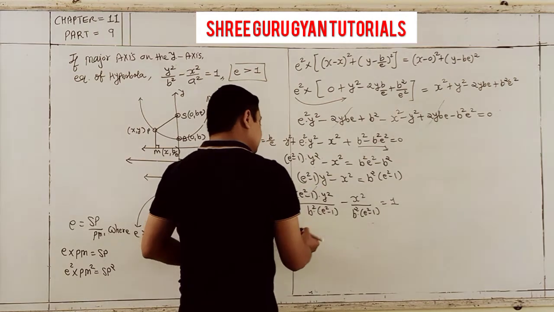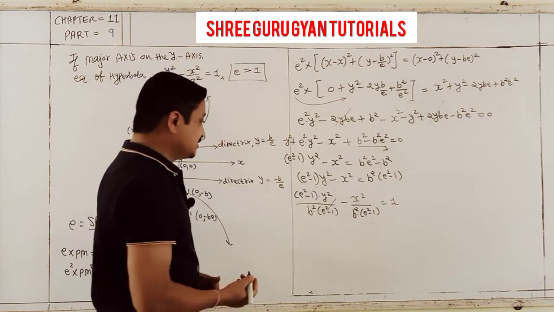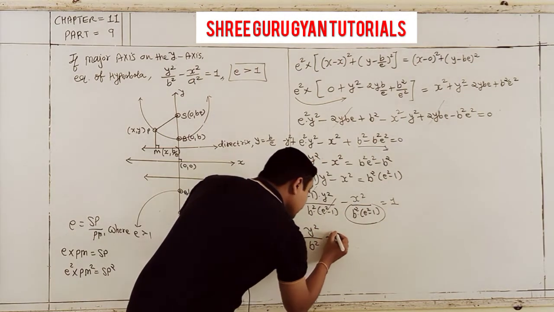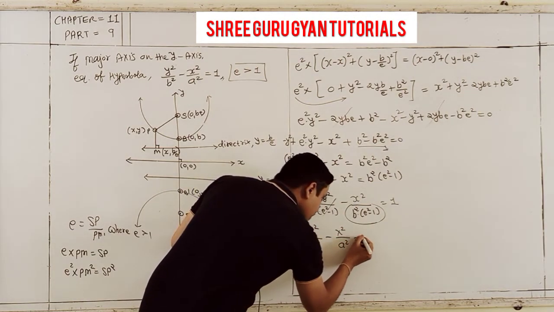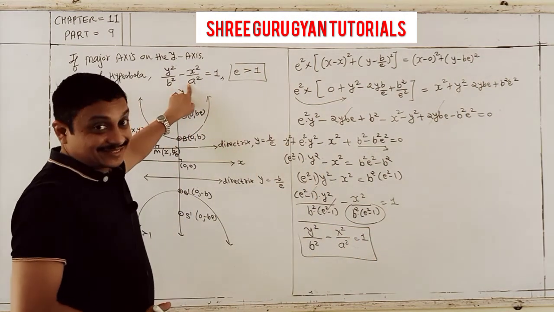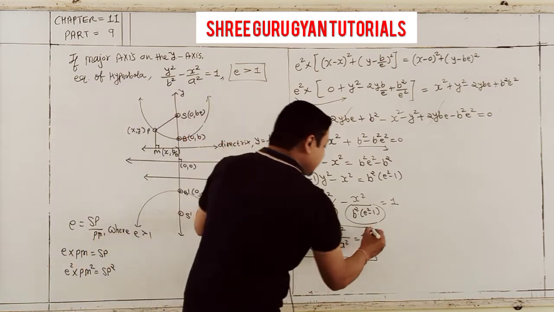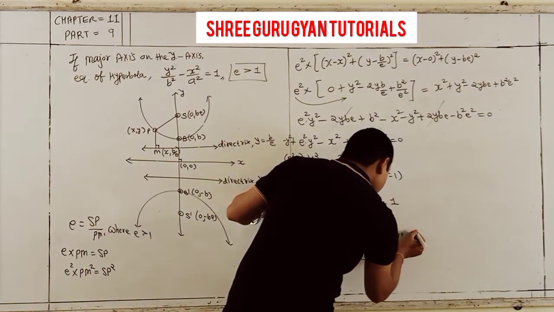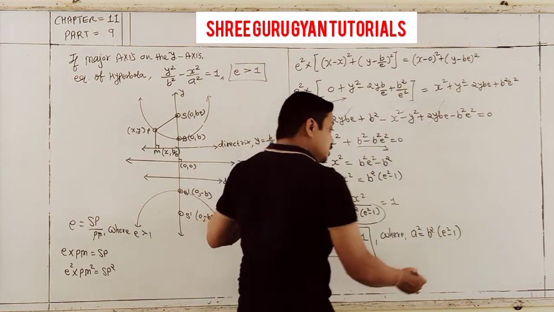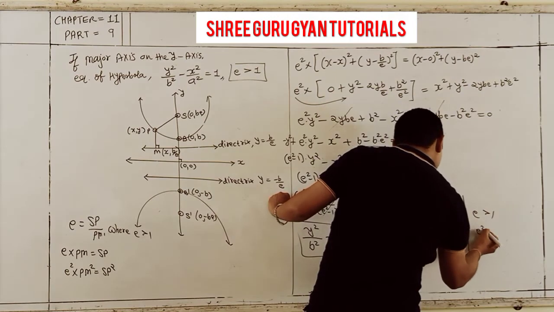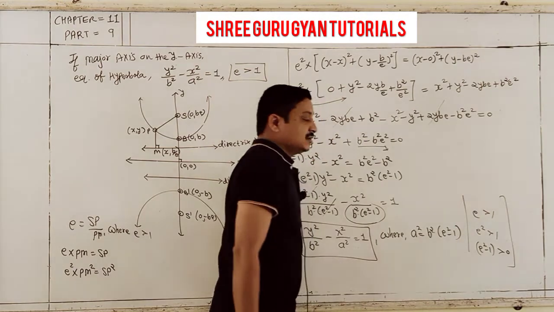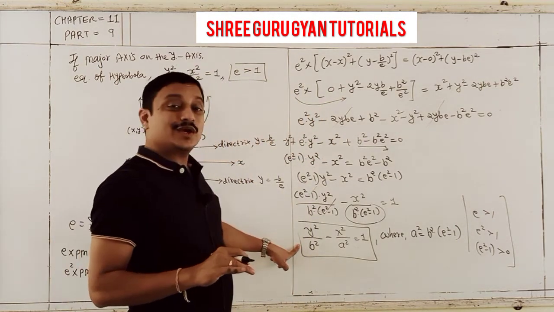So this cancels. In the remaining part, you can assume it is a square, and that is your standard equation of the hyperbola, derived easily, where a square is equal to b square times e square minus 1. Also write the condition: e greater than 1, e square greater than 1, e square minus 1 greater than 0. That is necessary, and this is your equation.